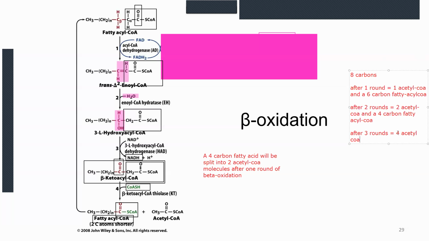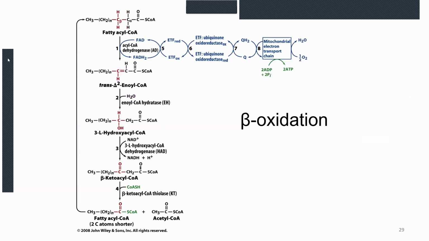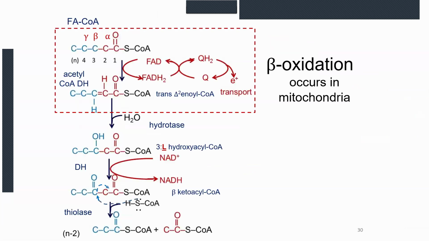If you split it in half, here's our acetyl-CoA. But then our last enzyme, beta-ketoacyl-CoA thiolase, adds coenzyme A. So in effect, we have another acetyl-CoA. That's one of the complicated parts about how many rounds it takes to do this.